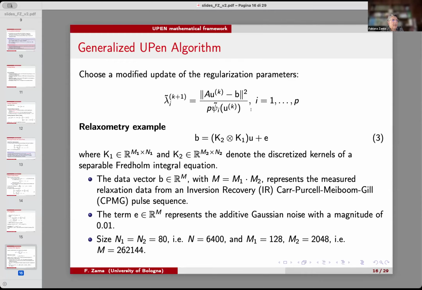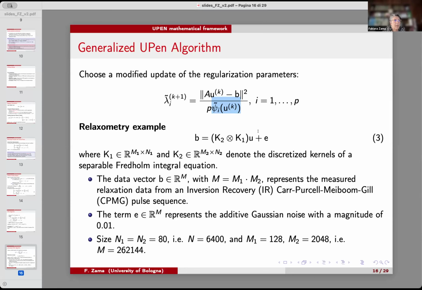So these modifications of the regularization function are used to adapt and to improve the convergence, and also to improve the quality of the solution. But we still show that this preserves its convergence, provided that the decrease of the function is recovered, and we were able to write it as a generalized UPenn algorithm.